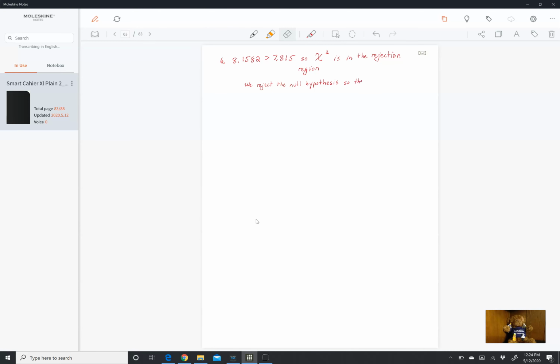So the variables travel purpose and travel concern are dependent, and I'm going to put in at a 5% level of significance, and this is why I'm putting it in.